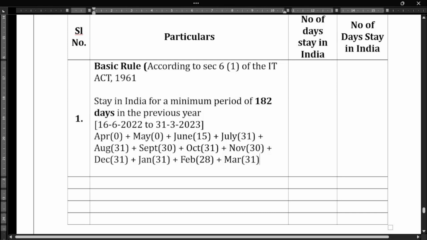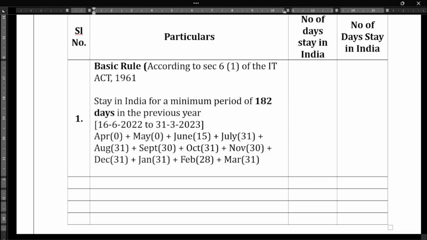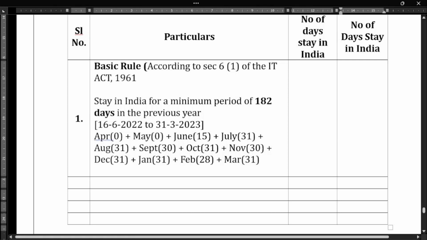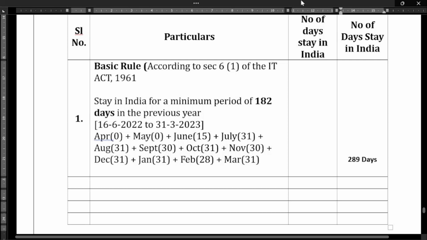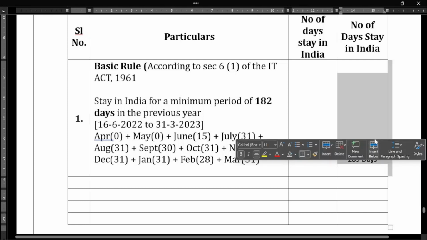Now calculate everything: 15 plus 31 plus 31 plus 30 plus 31 plus 30 plus 31 plus 31 plus 28 plus 31. In total he was in India 289 days in the previous year.